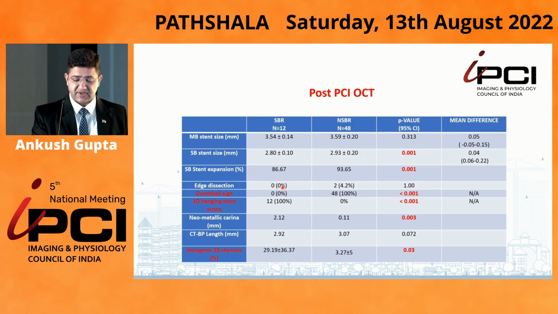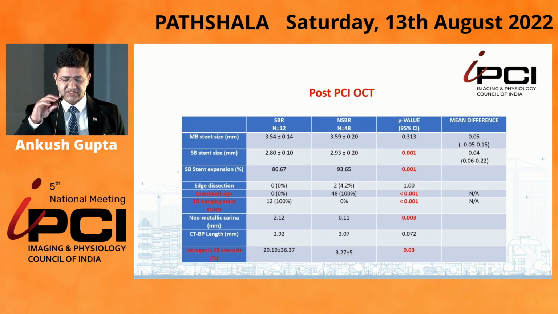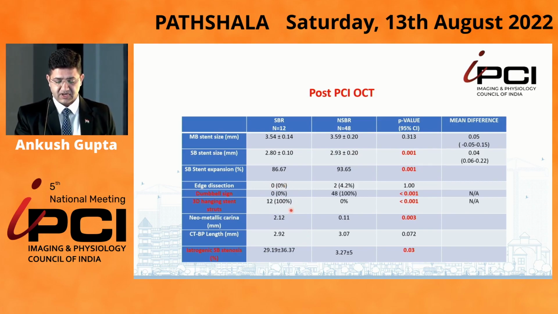Side branch stent expansion was again lower in the SBR group, and the SBR group had more iatrogenic side branch restenosis. And all the patients who developed side branch restenosis had hanging stent struts across the side branch ostium. They had a more neometallic carina, and none of those patients had a clear figure of 8 or Dumbbell sign.